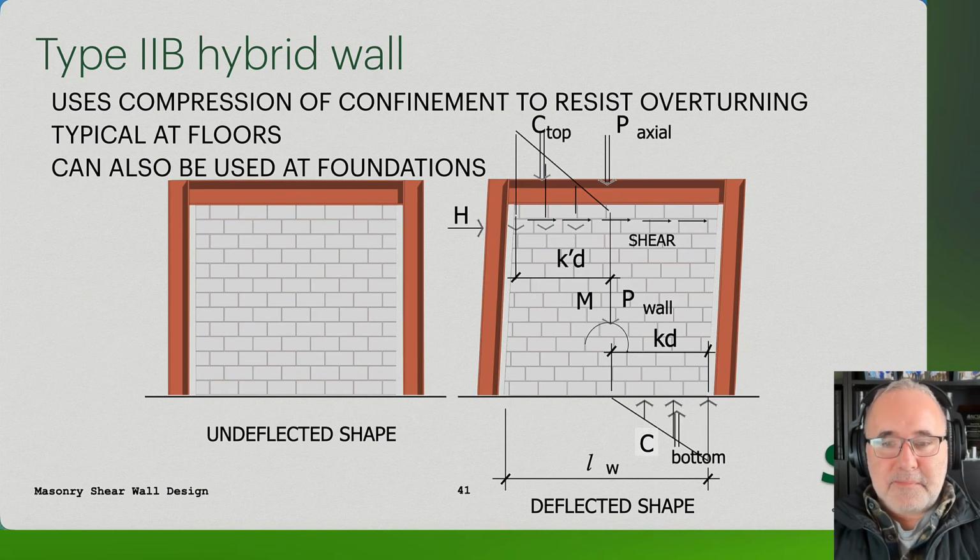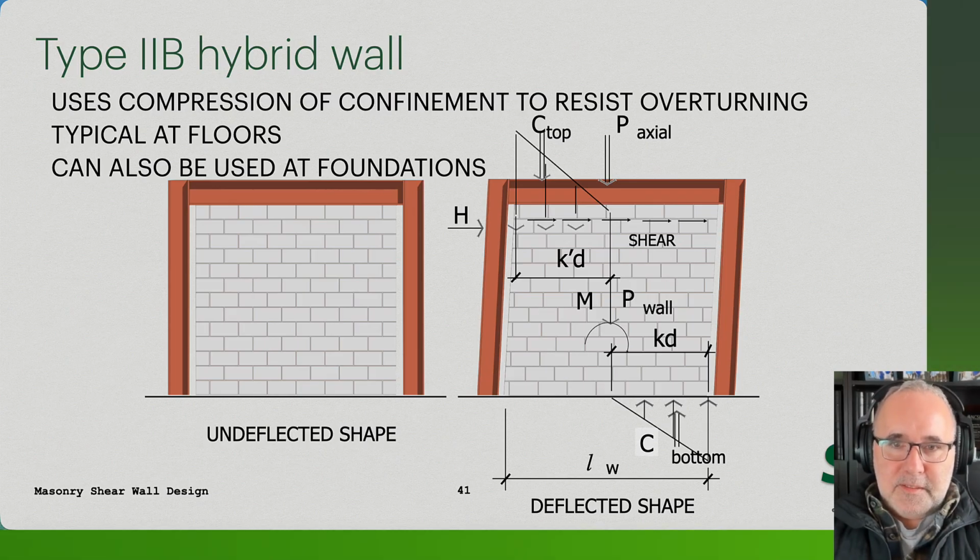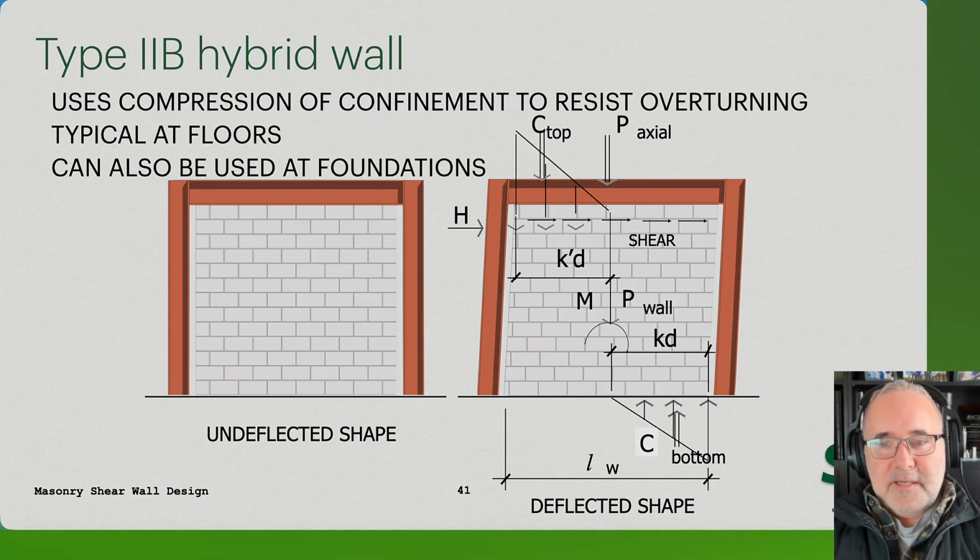Or you could go to a type 2B where you don't have any of those tensile forces. Maybe this is typically used at upper floors of the building, where you don't want to have weldable rebar on some of the steel members. You don't want to engage the steel frame in that way. So you can just use the overall compression of the elements as the frame tries to deflect to resist the overturning forces and shear forces on that design.